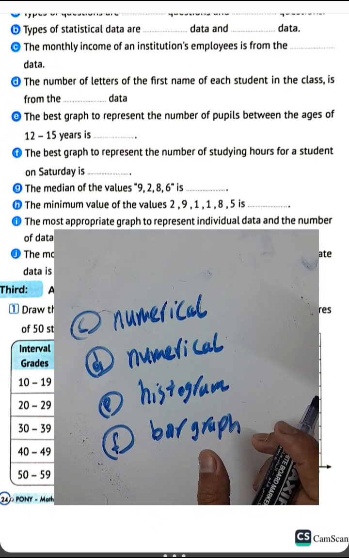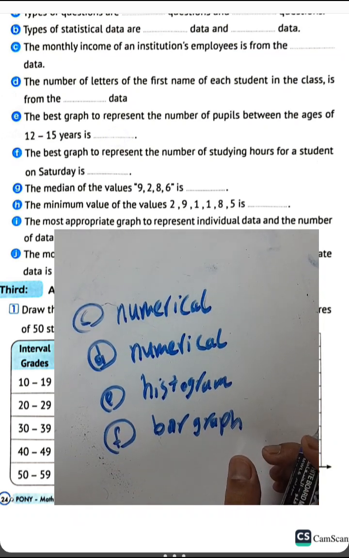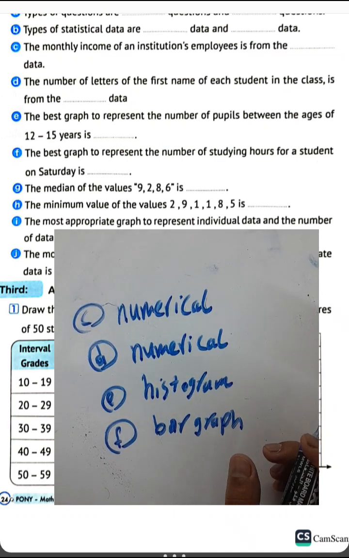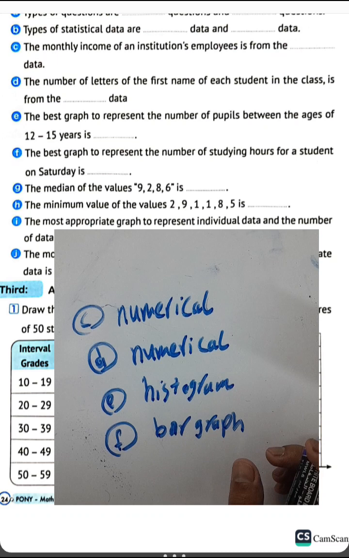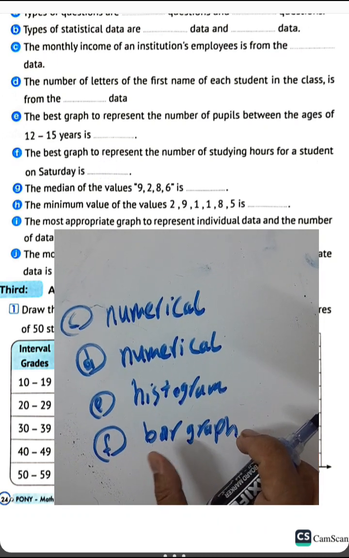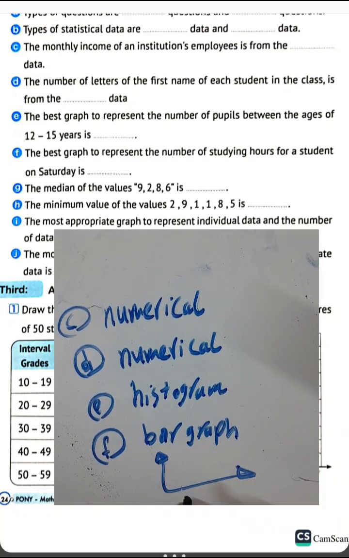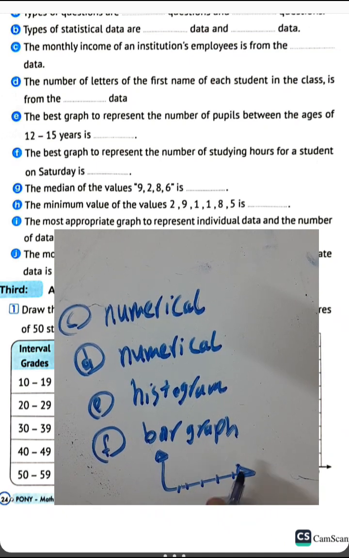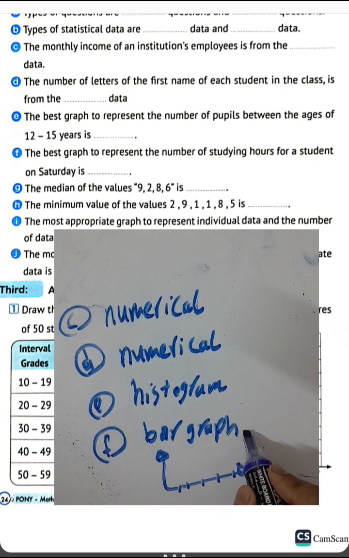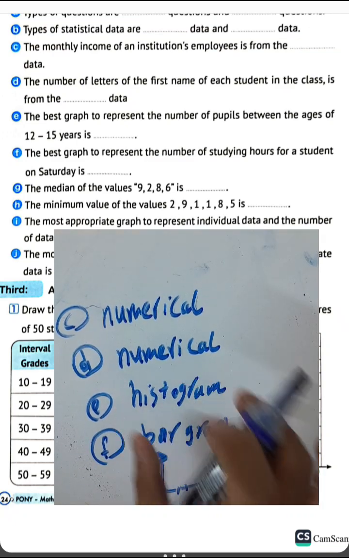The best graph for the number of pupils between ages 12 to 15 years is a histogram. And the best graph to represent the number of studying hours for a student on Saturday we will write bar graph, because in a bar graph on the horizontal axis we can write numerical or categorical data. So the best way will be a bar graph. But if we have intervals, you must use a histogram.